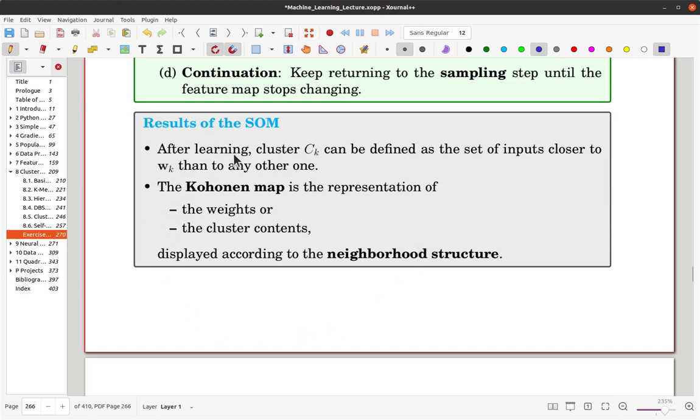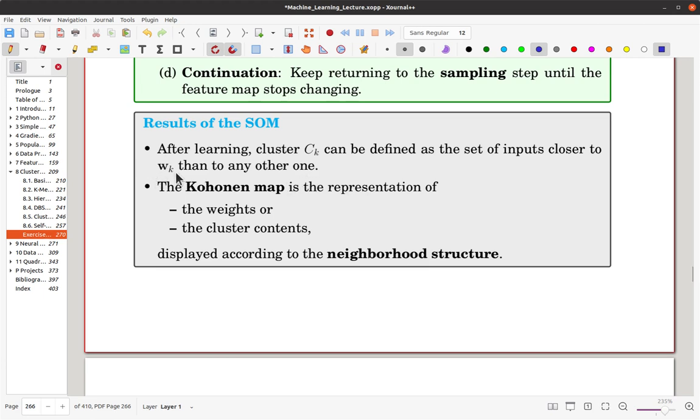Here, the result of the SOM is now clusters. After learning, cluster C_k can be defined as the set of inputs closer to W_k than to any other one.